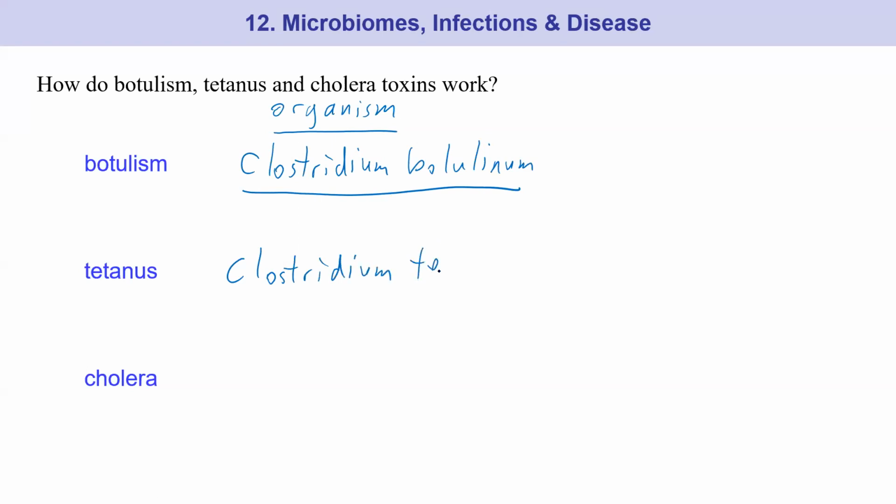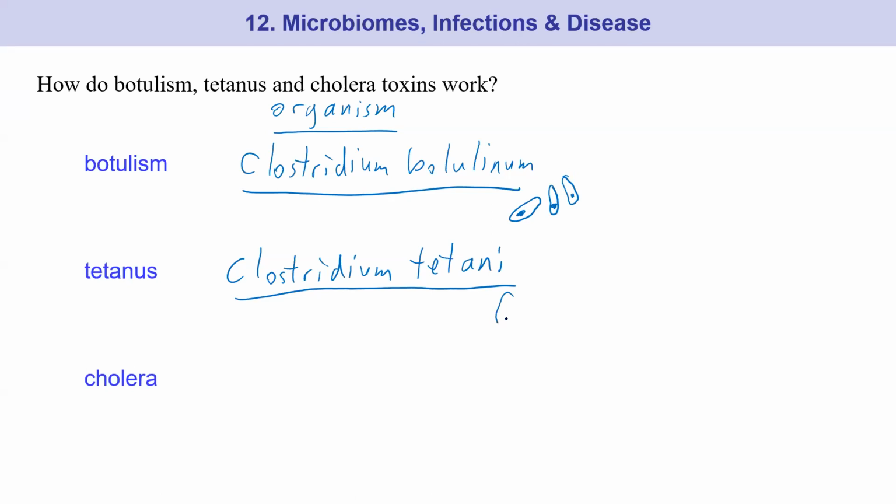It's Clostridium tetani. So these two are soil organisms, and they form endospores. So I'm going to represent them like this as rod-shaped cells, and you can see there's the endospores forming. So there's some for Clostridium.